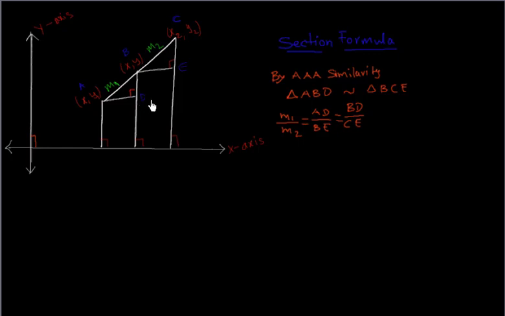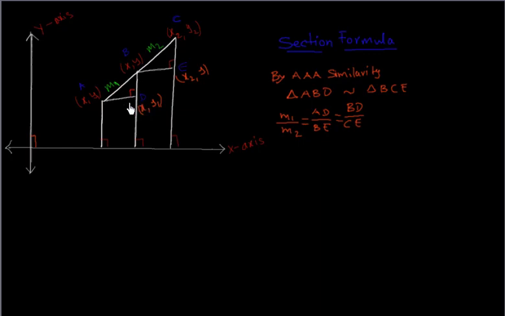Similarly, as BE is parallel to the x-axis, the y coordinate is constant, and point E is x2 comma y.